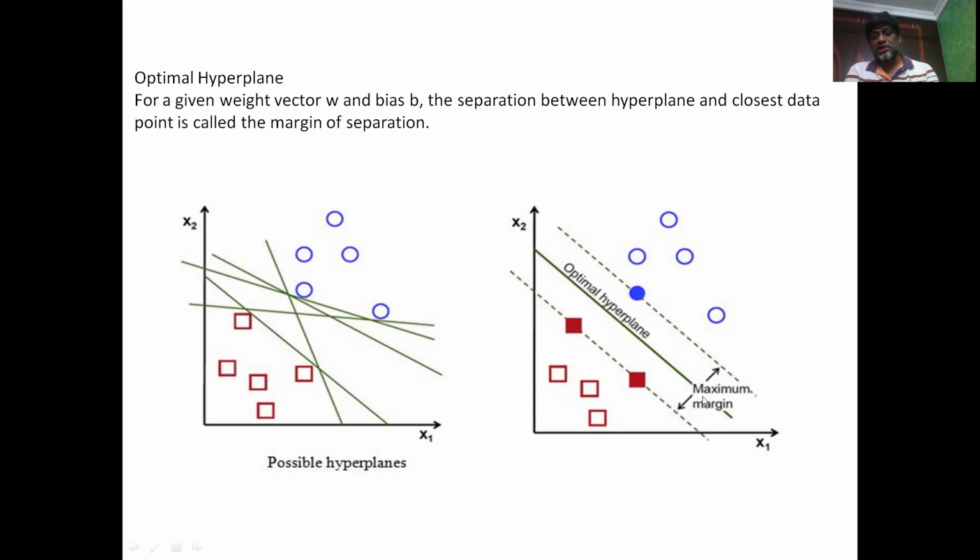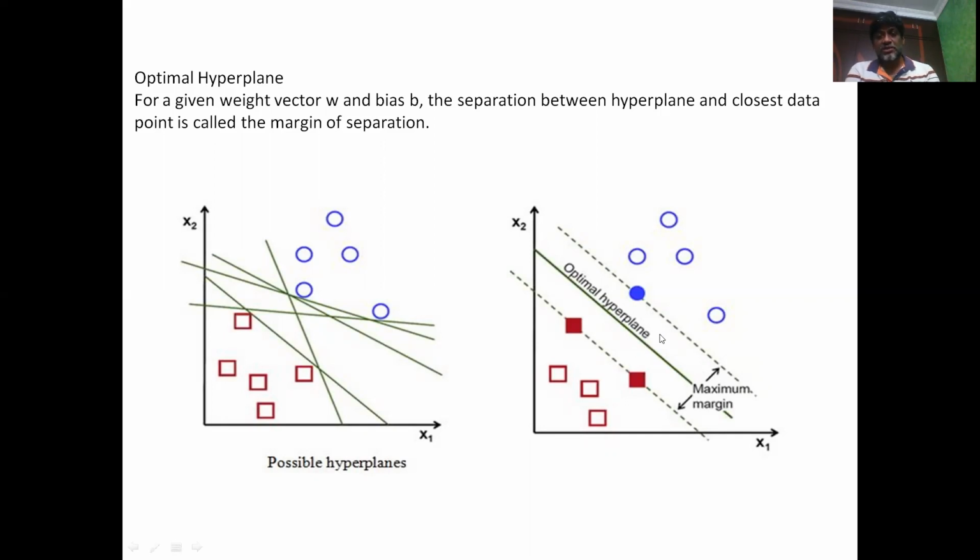Look at this diagram now. Of course, there are a number of hyperplanes available, but we want the hyperplane that divides the corresponding classes with a maximum margin. If you observe this hyperplane, there is maximum distance between these two and maximum distance between these two also.